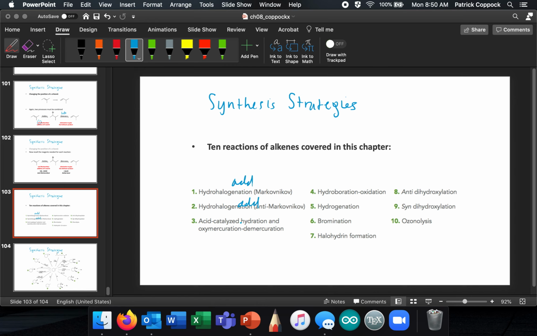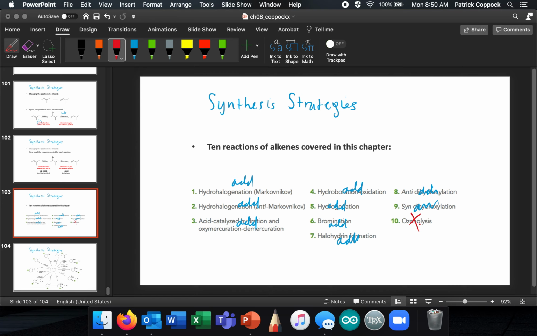This is an addition, and so on down the list. And this is not. Let me change colors for that. Ozonolysis is not an addition. Starts out kind of like an addition, but then it just cuts.